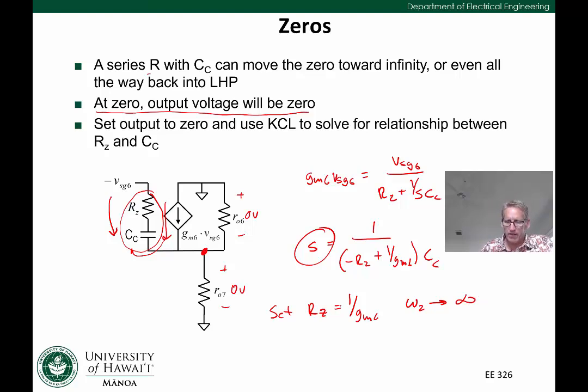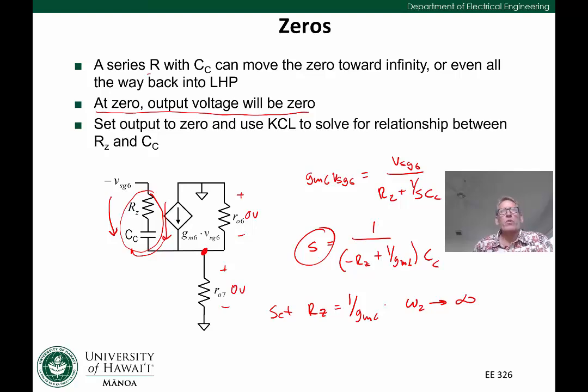So if we set RZ equal to 1 over GM6, our 0 frequency will in fact go to infinity. And what that's essentially doing is pushing it so far into the right half plane that it's effectively gone.